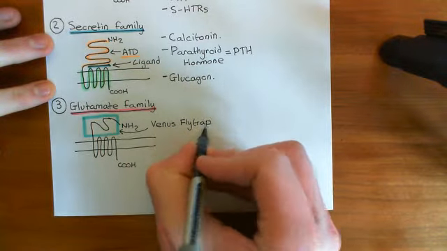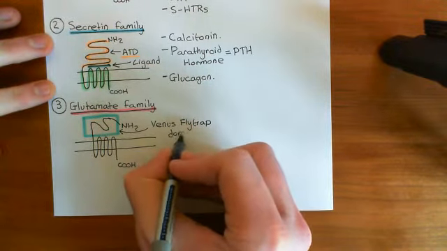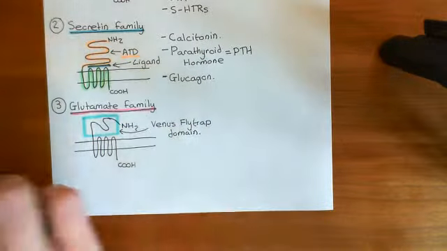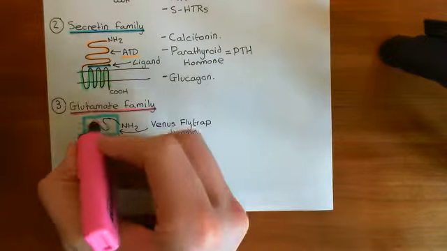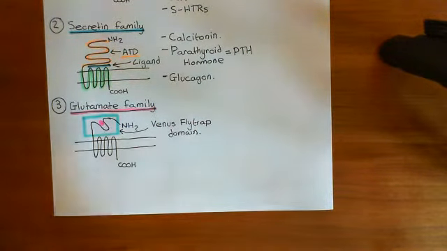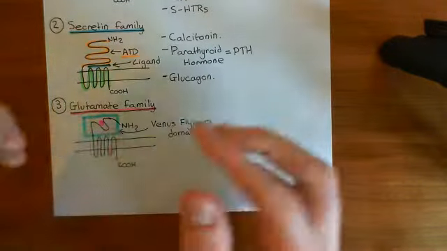The reason it's called this is that it's analogous to a Venus flytrap. This Venus flytrap domain is going to bind the ligand. The ligand is going to bind here, between those two halves of the Venus flytrap domain.